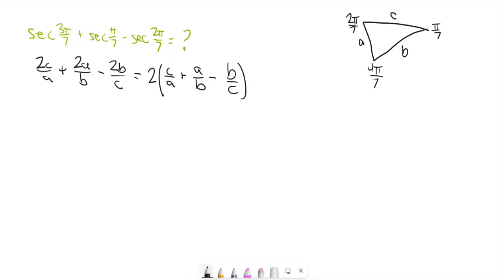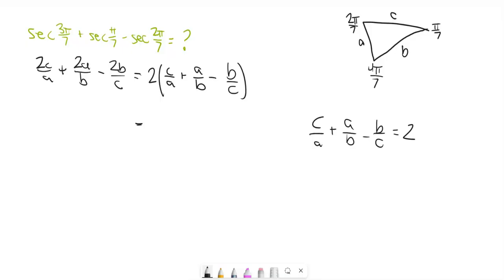Now, you have seen this before, and I'm not going to do the full derivation. This is in one of the prior videos in the series, but if you remember that c over a plus a over b minus b over c actually equaled a specific value. That equaled the exact value of 2.